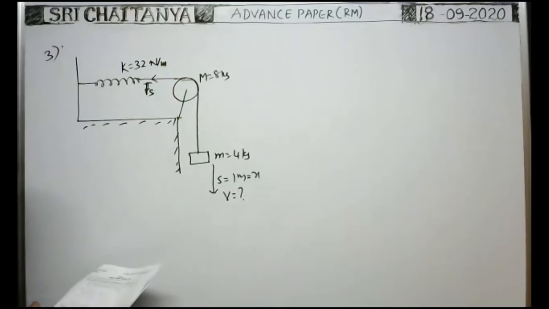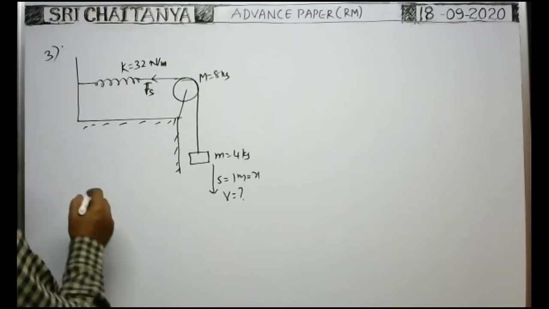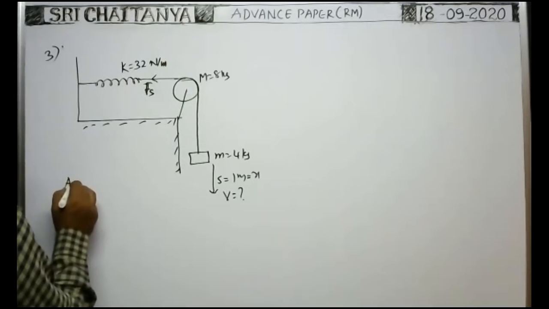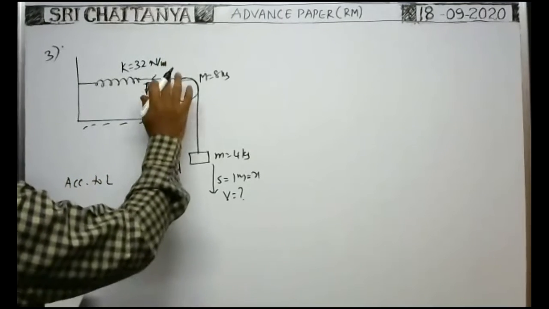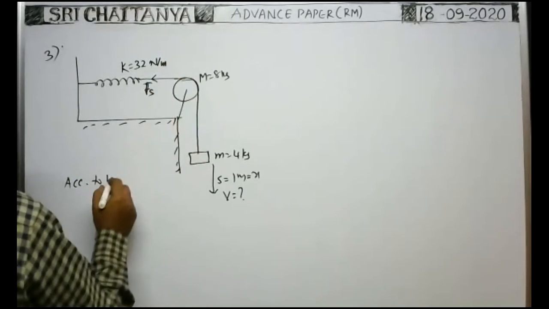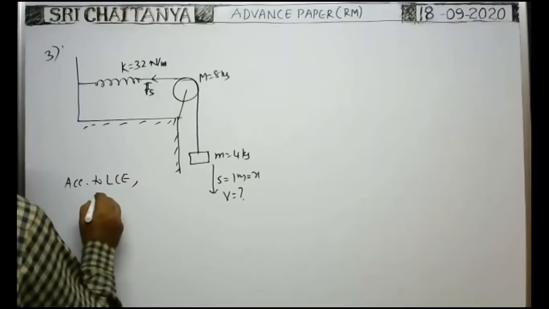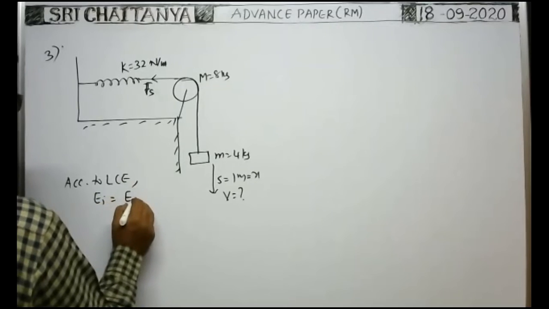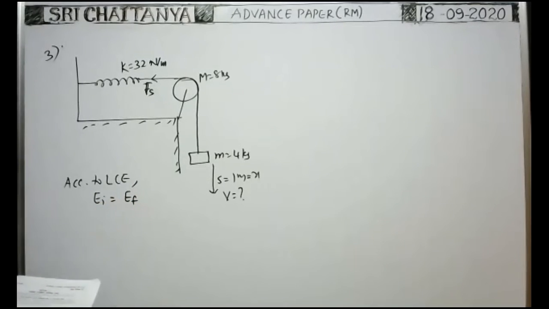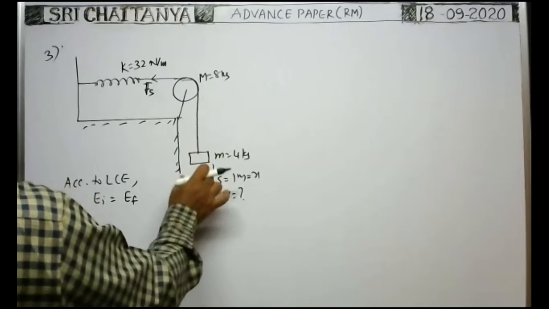According to the law of conservation of energy, here there is no slipping of the rope on the pulley. Initial energy of the system is equal to final energy of the system. Whenever the block comes down, it loses potential energy.